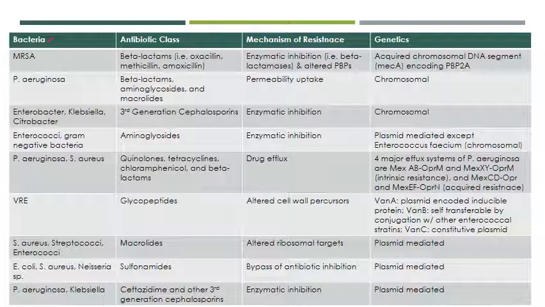You can see here, if it's chromosomal, or plasmid mediated, we don't necessarily have one gene that we could target molecularly to screen for this. So some of the other ones, we can screen molecularly, but not all of them.